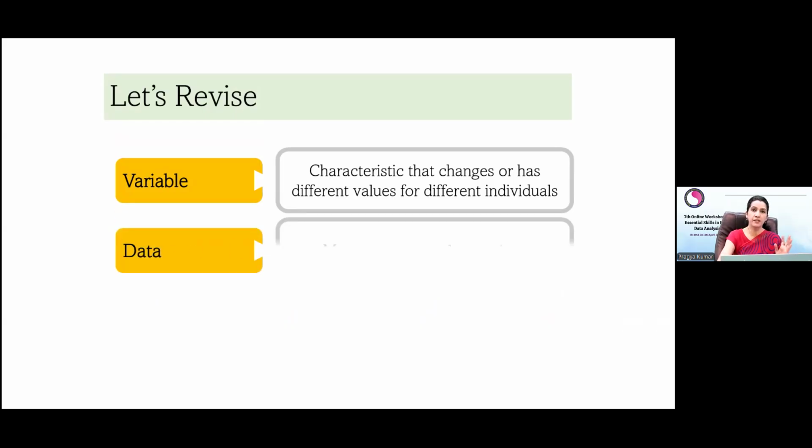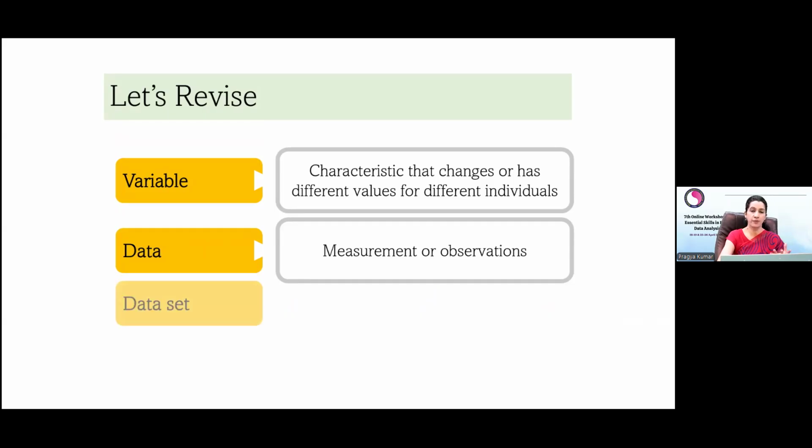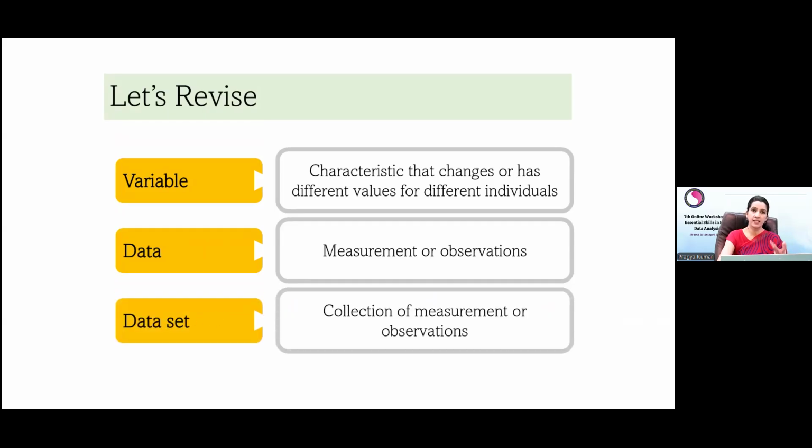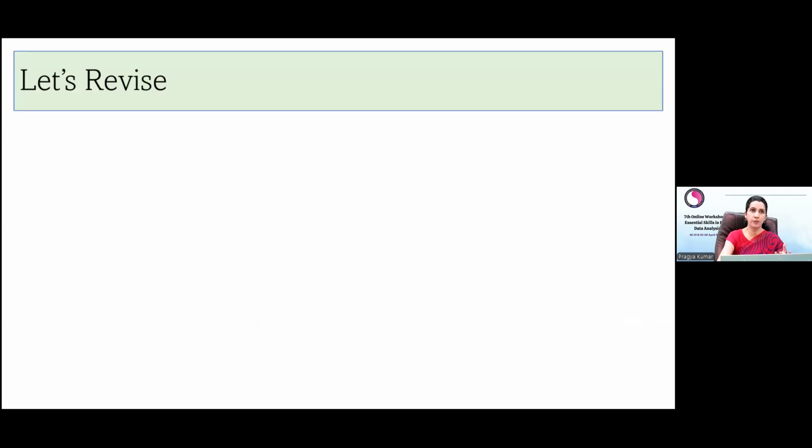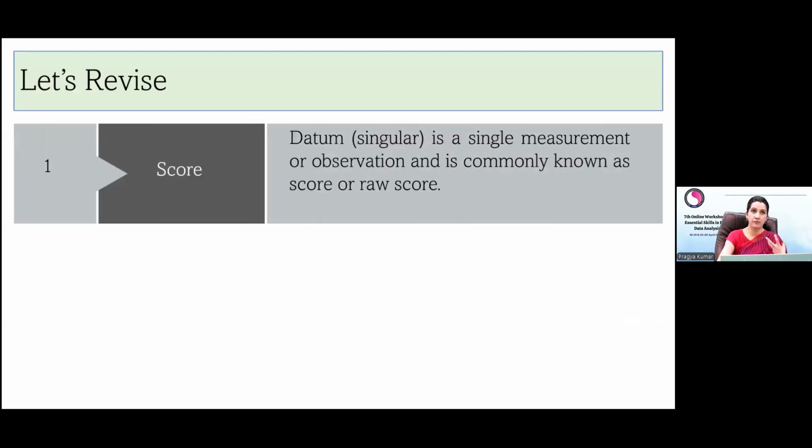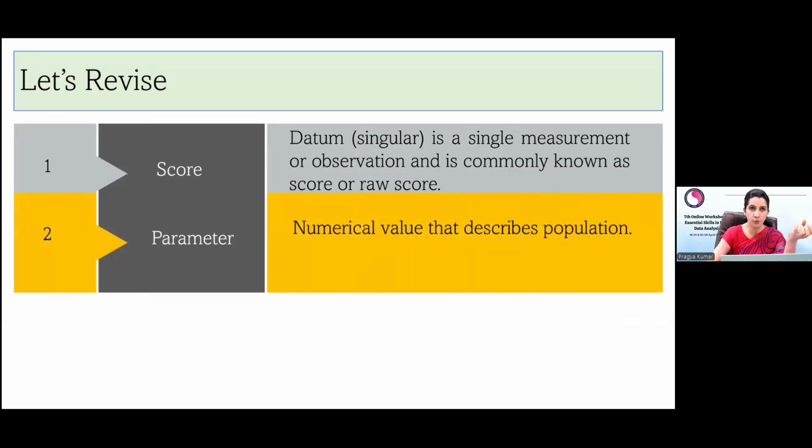Next is your data. The set of measurements or observations is known as the data. A data set is again a collection of these measurements or observations. And what is a score? A singular value, the datum which we have discussed. The value of a single observation is known as the score.